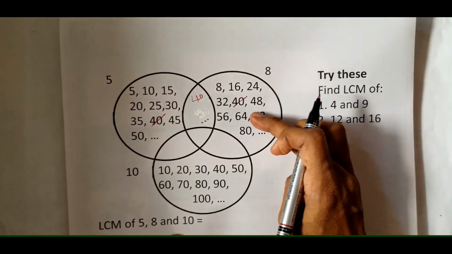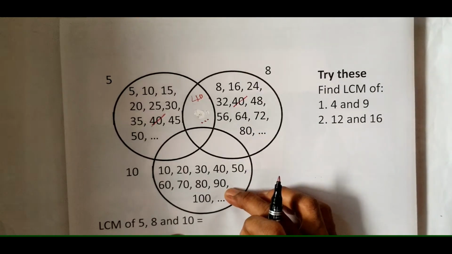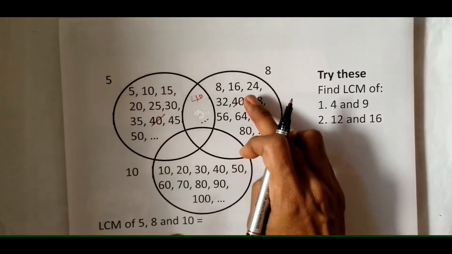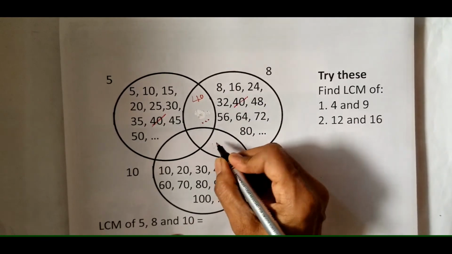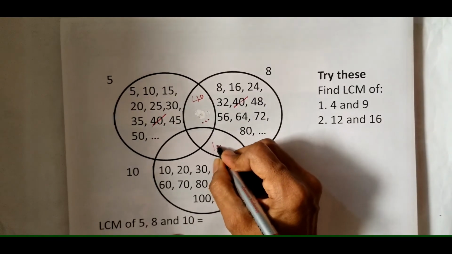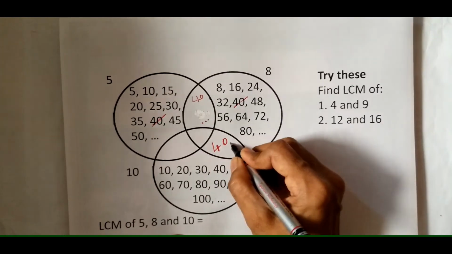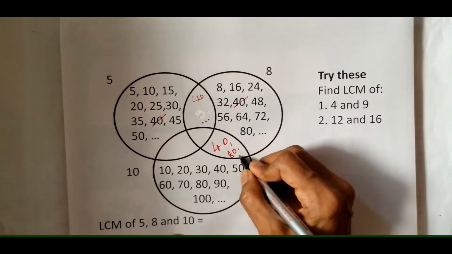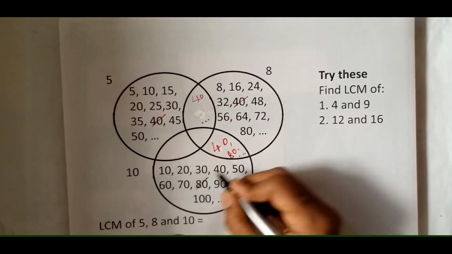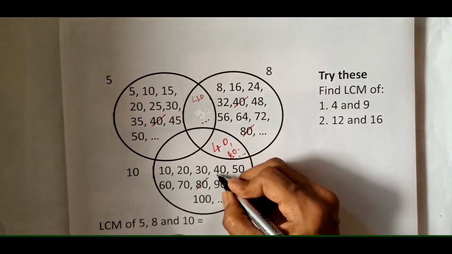Now between 8 and 10, it will be 40, then 80 and so on. So I am going to cut 80 and 40.